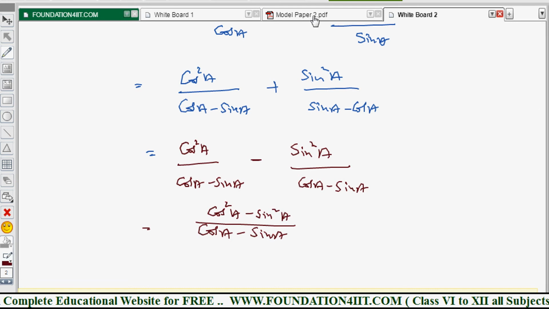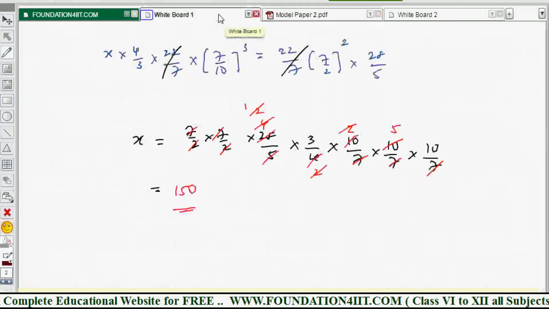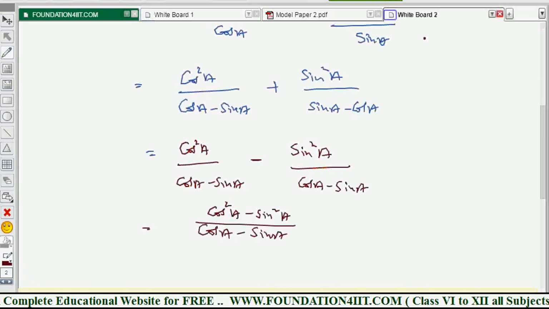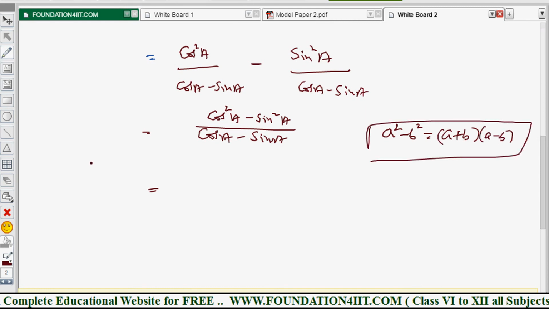Now according to the RHS, here it is only sin A plus cos A, right? Then you can see this numerator, you can use the A square minus B square formula. Okay, A square minus B square is equal to A plus B into A minus B. Let us apply this formula here.